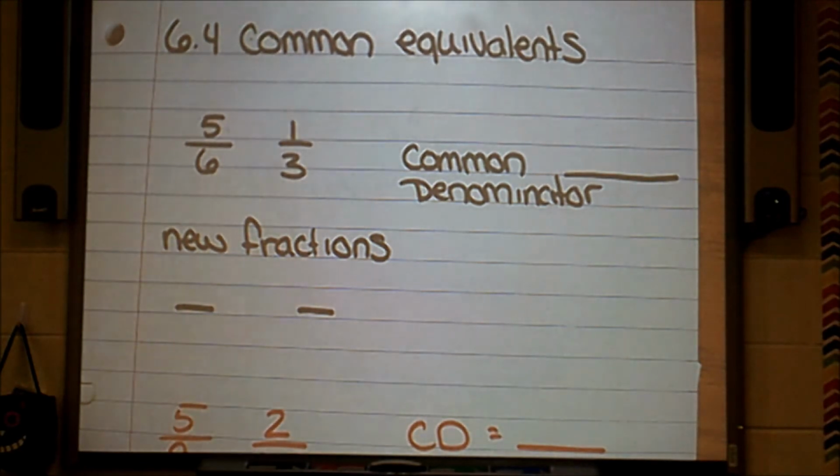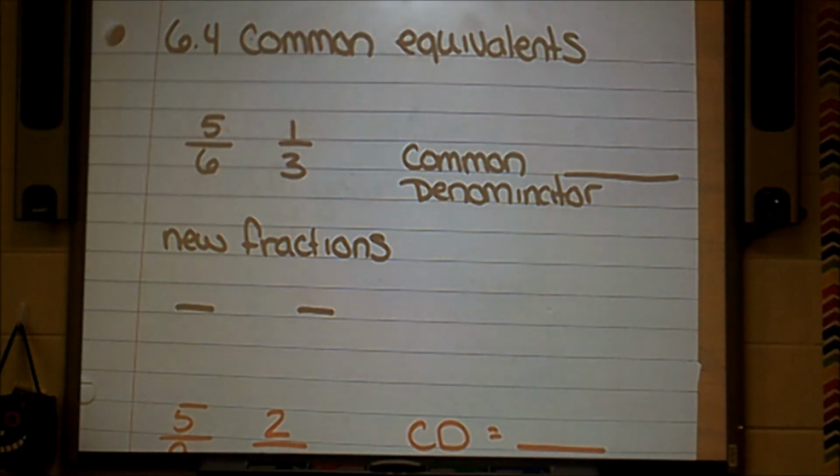So with these two fractions here, 5/6 and 1/3, what is our common denominator, or LCD, between 5/6 and 1/3? Well, if I count by 6s and I count by 3s, which is what I'm going to do, and I want to find the first number that they have in common.